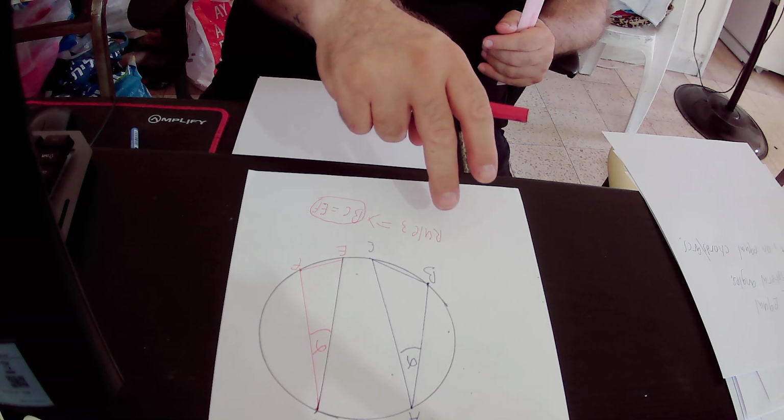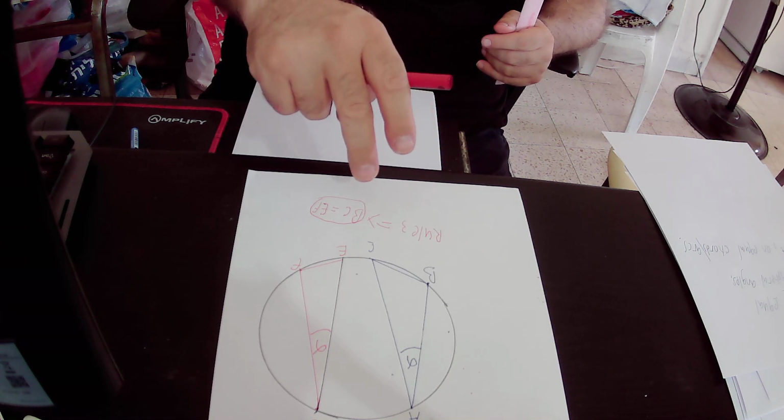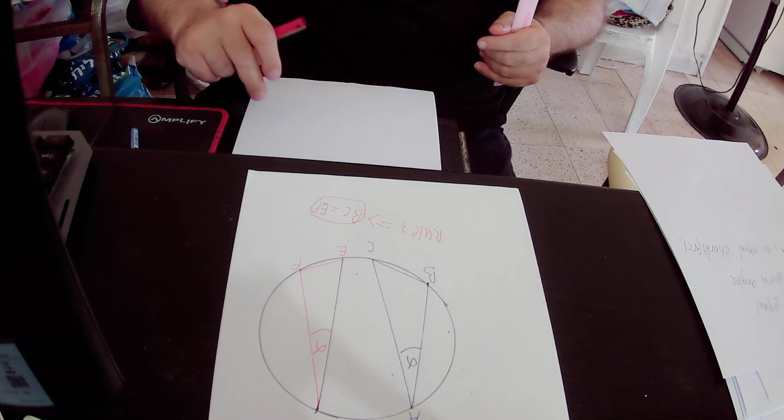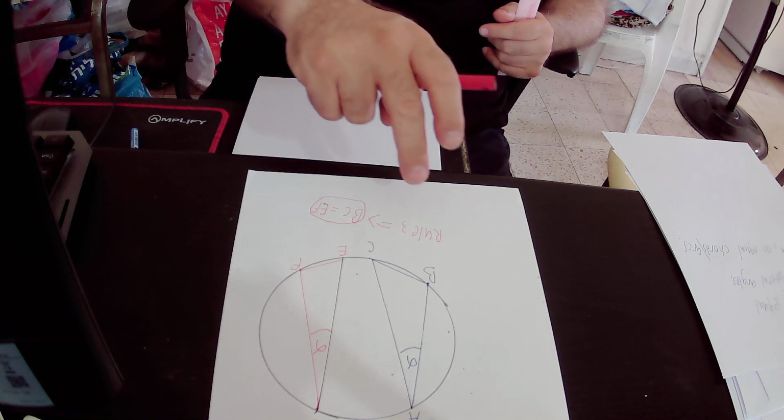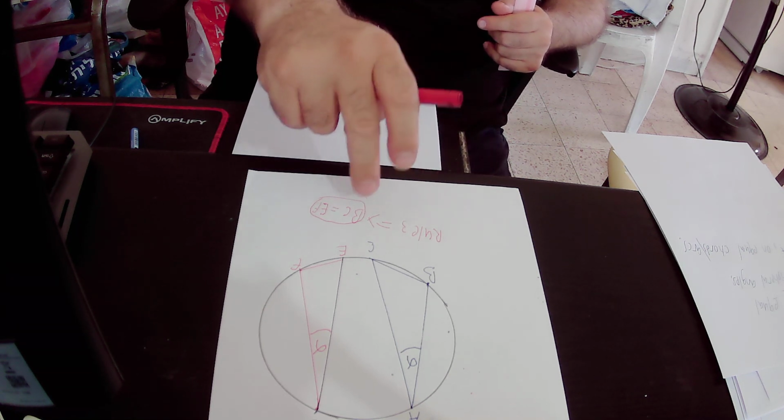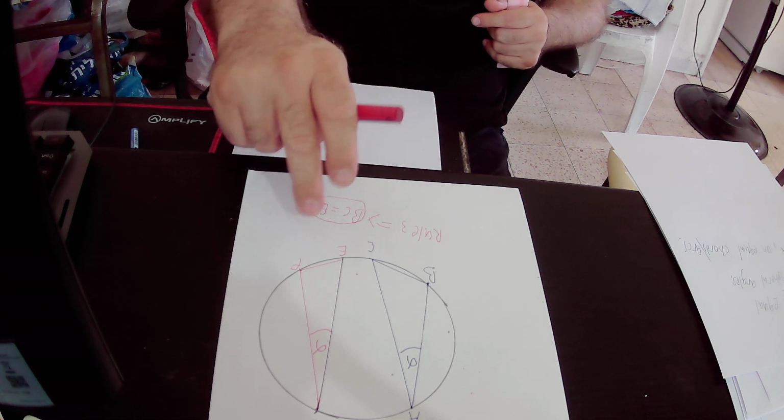That is to say BC equals EF, and they also rest on equal arcs, and also arc BC equals arc EF.